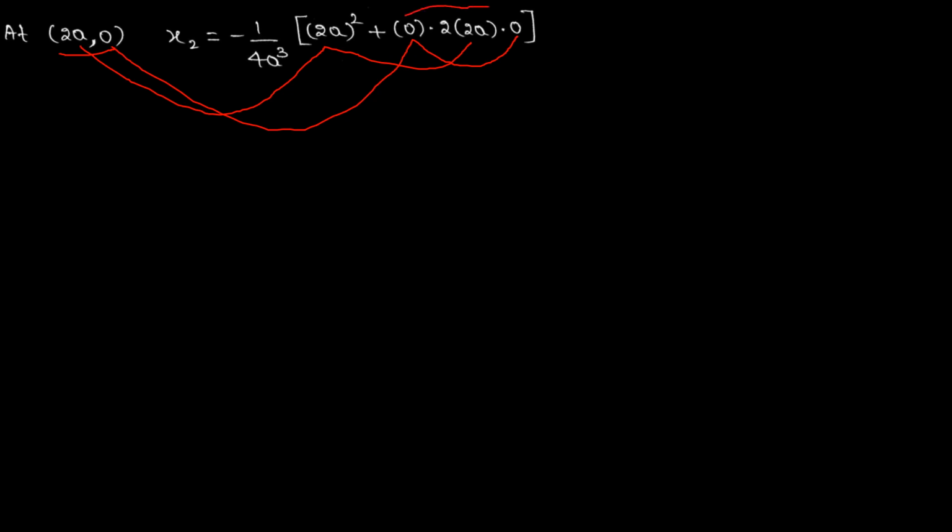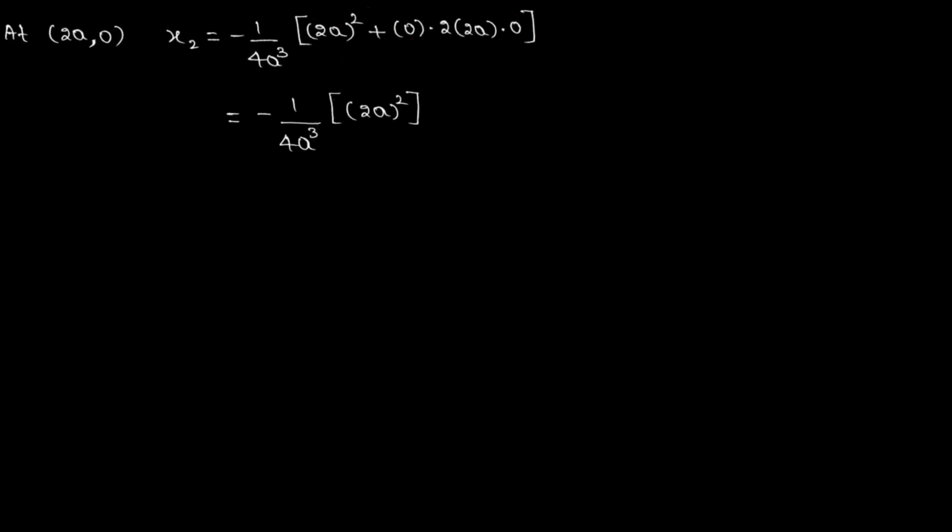So this completely becomes 0, and square will be applied to both 2 and a, which gives 4a square. Here 4 and 4 get cancelled, and a square one time gets cancelled with this. So what remains is minus 1 by a. We got both x1 and x2.